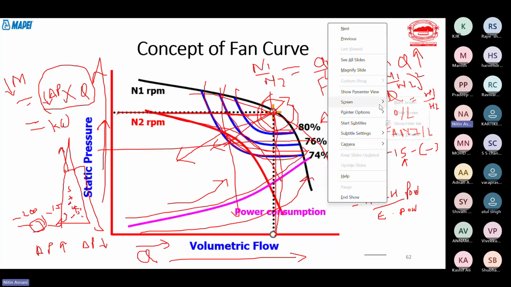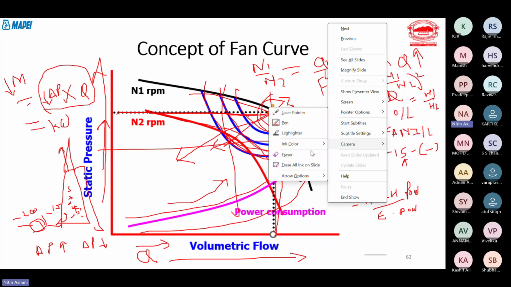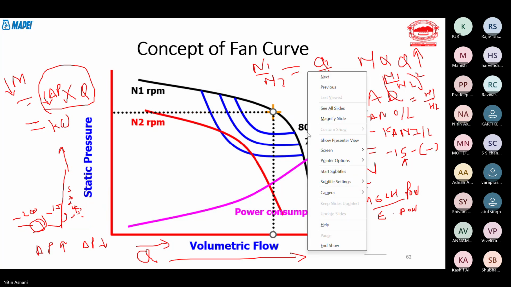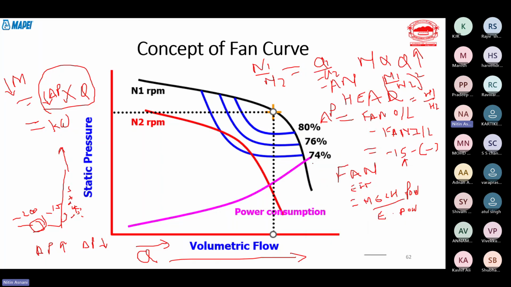The second thing you have to keep in your mind. Suppose this is my flow and this is my head. Can anyone tell me, on the same RPM, if I increase the flow, what will happen with the pressure?